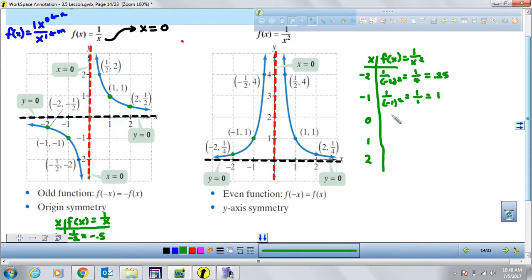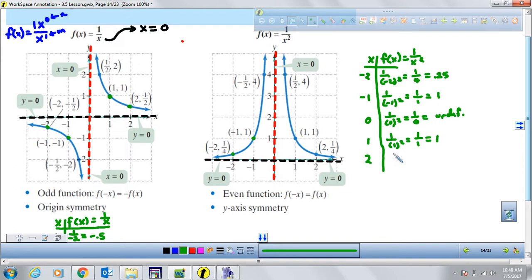Now, on the other side, when I substitute a 0, 1 divided by 0 squared is 1 divided by 0, which is undefined. So at x equals 0, the value is undefined, meaning that there's a vertical asymptote at x equals 0. Now, at x equals 1, it's going to be 1 over 1 squared, which is 1 over 1, that is 1. So 1, 1, this is the point that you see right here.